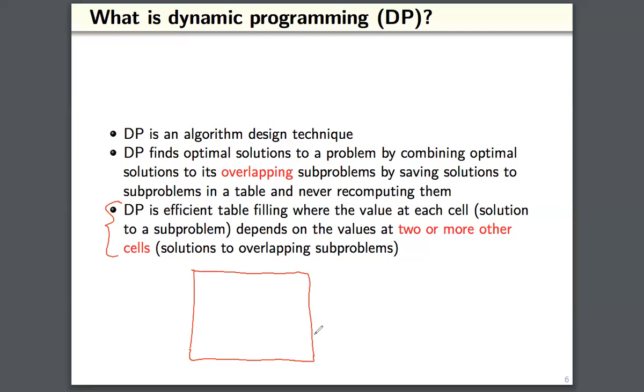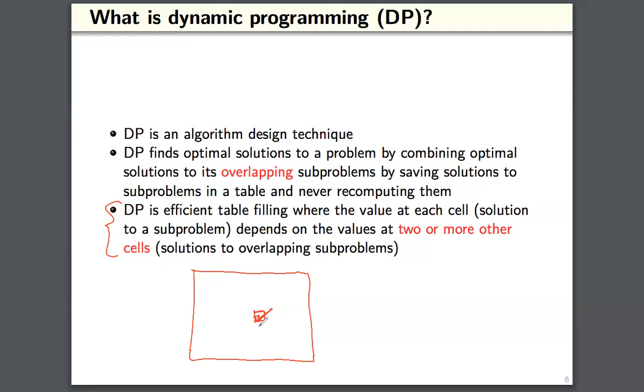Here a table means an array or a matrix, a 1D array, a 2D array, a 3D array, 4D array, whatever. A table, array, matrix, or vector of vectors all mean the same here. Lists, lists of lists of lists, they all mean the same. So the idea is, in all these problems, the solution of a subproblem is just one cell of this DP table.